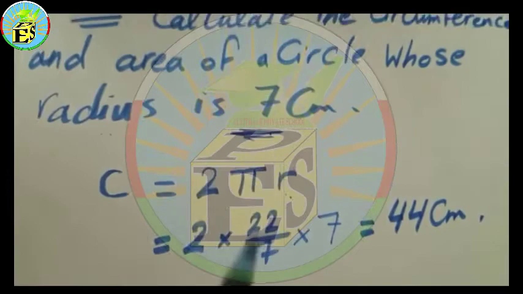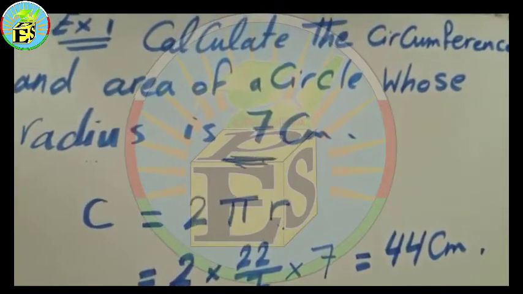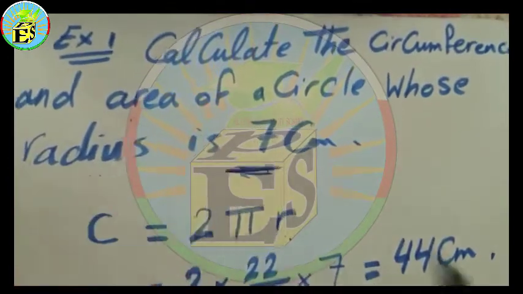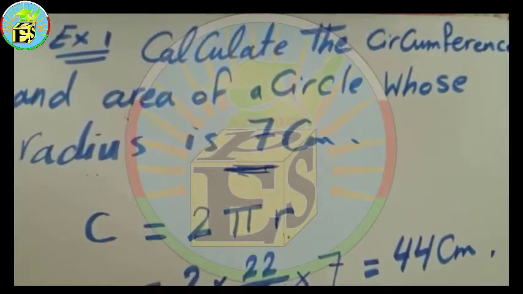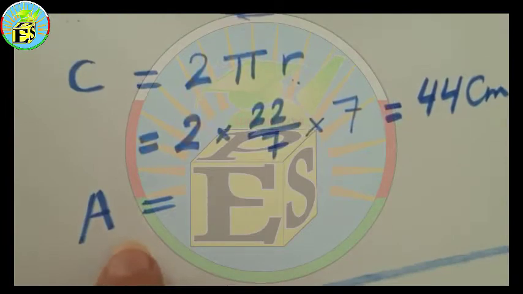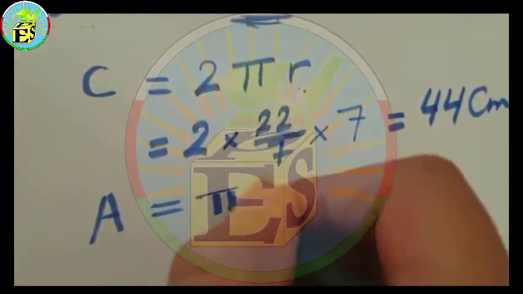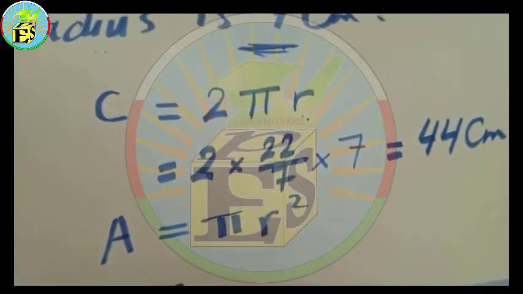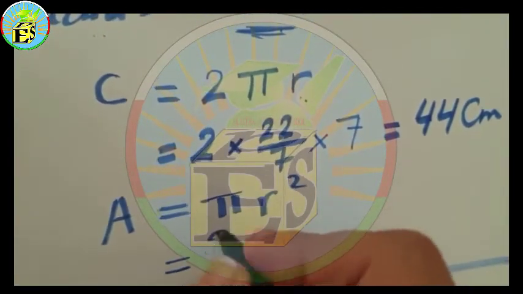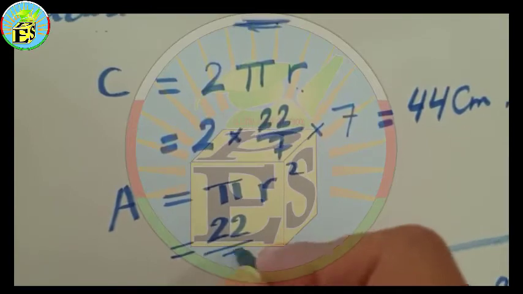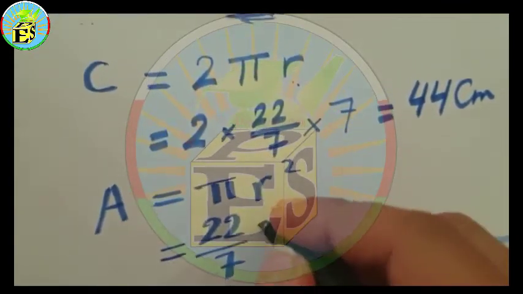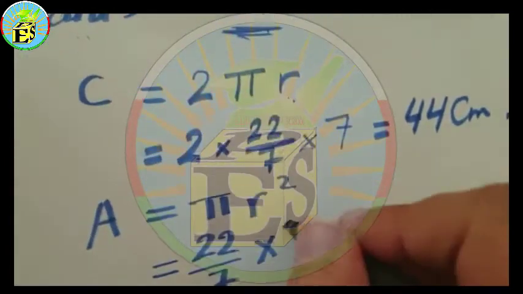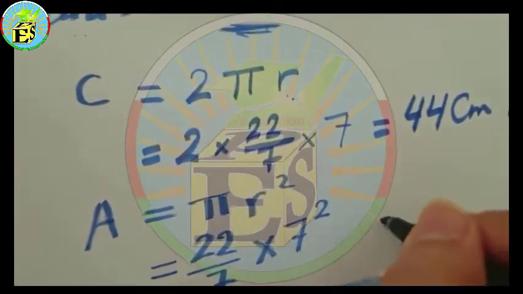He told us to get another thing: the area. So I have to write the rule of area. Area equals πr squared. π is 22 over 7, multiplied by r, which is 7, power 2.